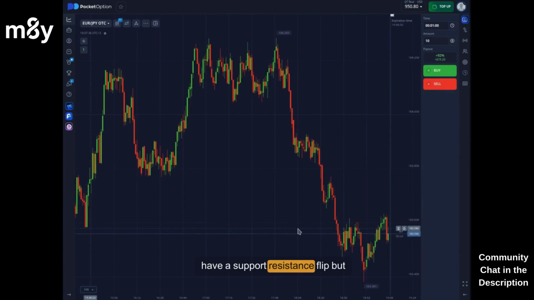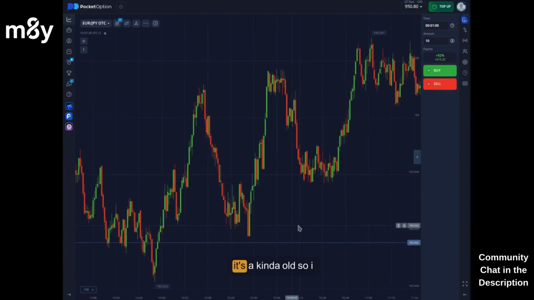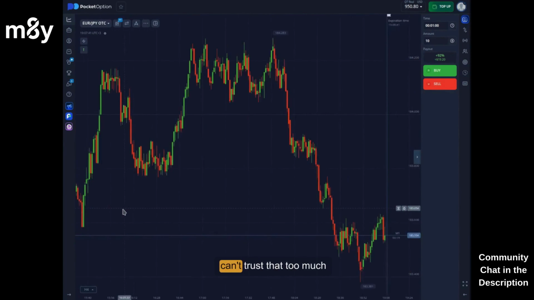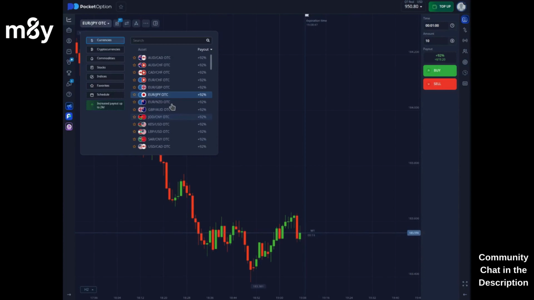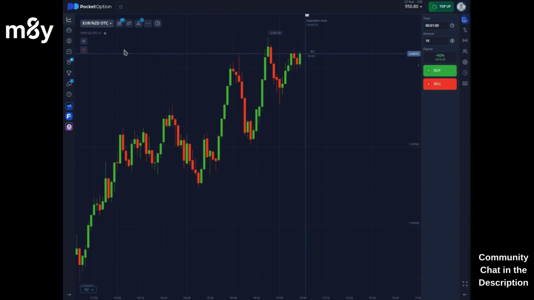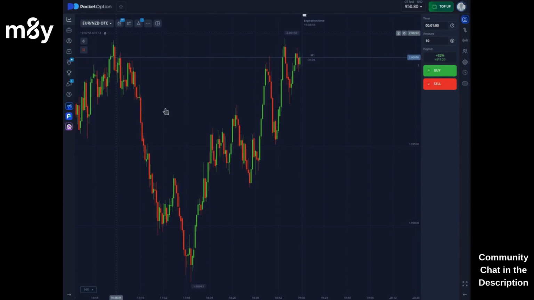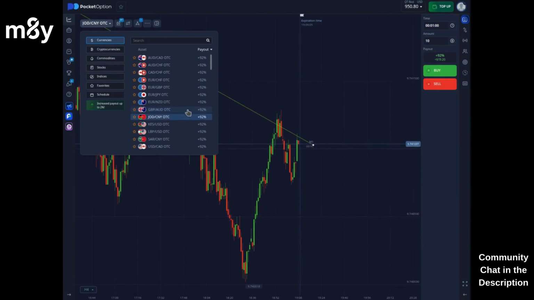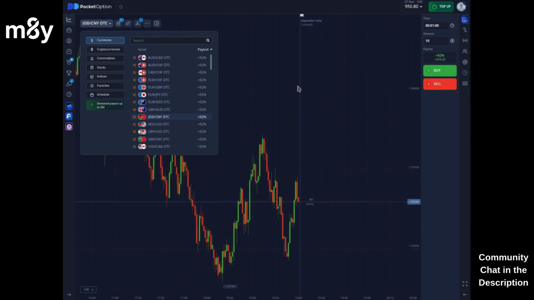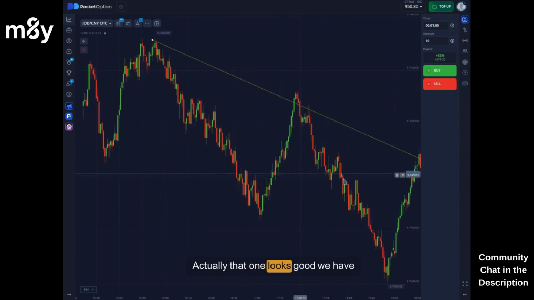We might have a support and resistance flip, but it's kind of old, so I can't trust that too much. Actually, that one looks good.